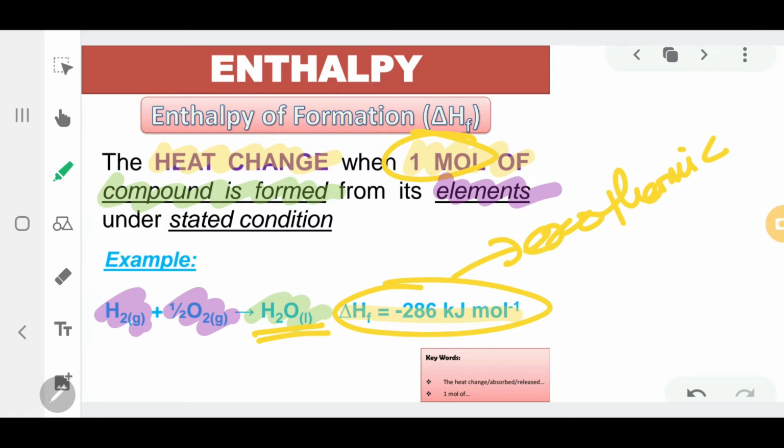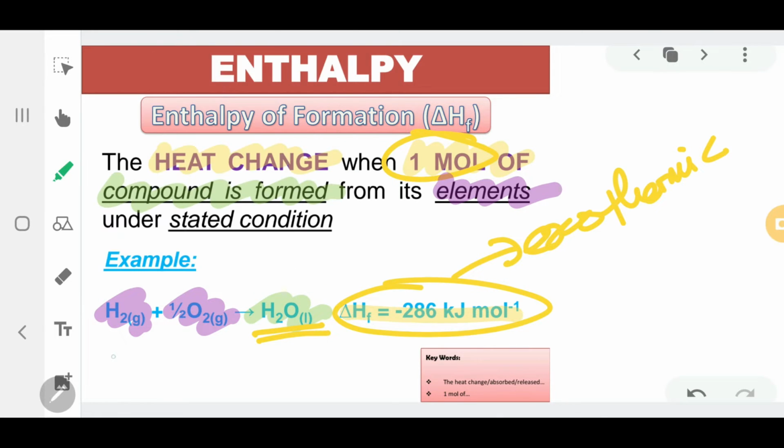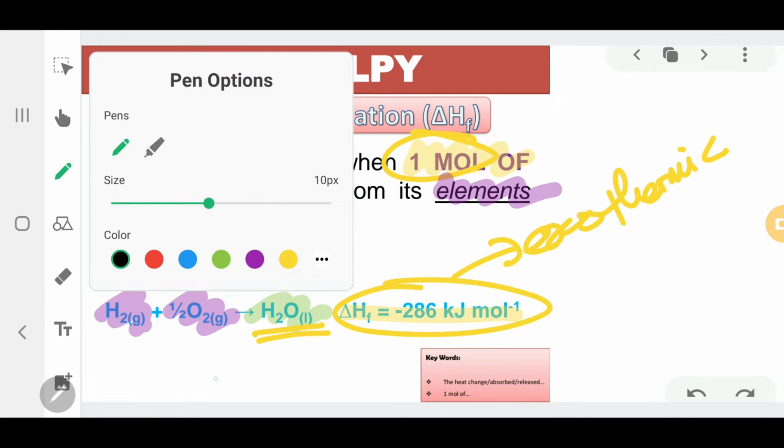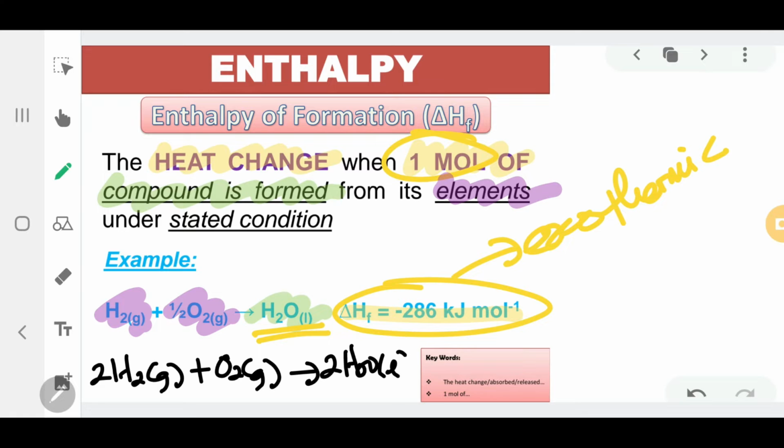What happens if, because we can surely have the equation written in this form, you have 2H2 gas plus O2 gas giving 2H2O liquid?